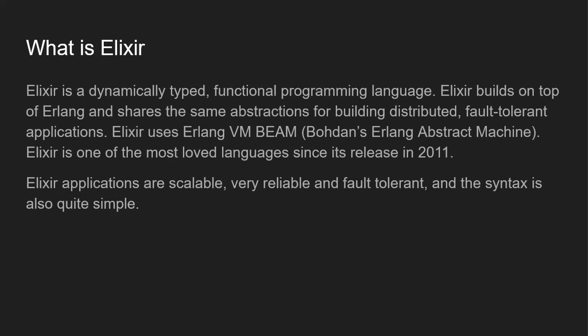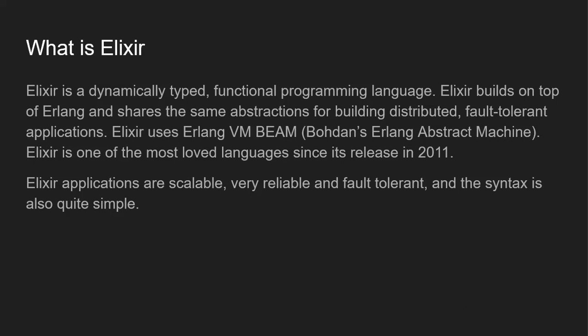Now the next question is, what exactly is Elixir? Now, Elixir is a dynamically typed functional programming language. It's primarily a backend programming language, and Elixir builds on top of Erlang. And Erlang, as we know, has been there for decades in telecom industry, and it has been pretty good.